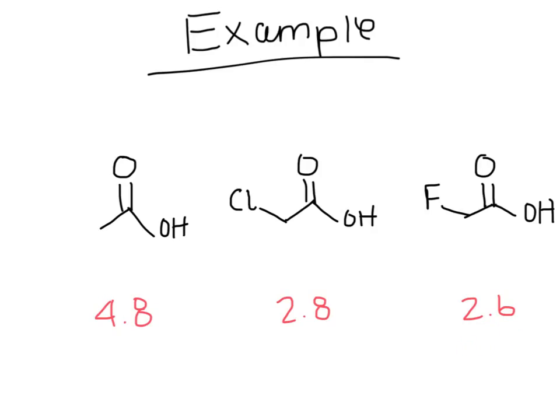As one can see, the further right you go, the lower the pKa. And the stronger the acid, the lower the pKa it is going to have. So this is just one of the many examples that shows how the more electronegative an atom is, the stronger it will make the acid.